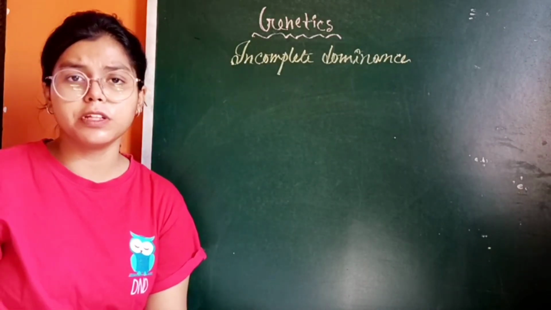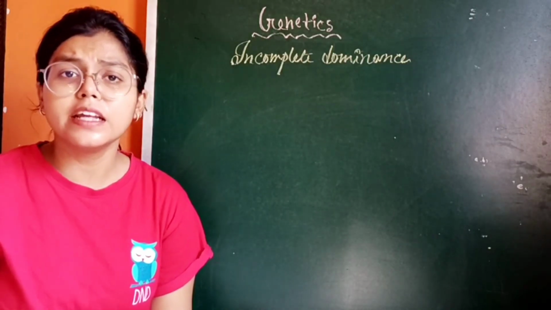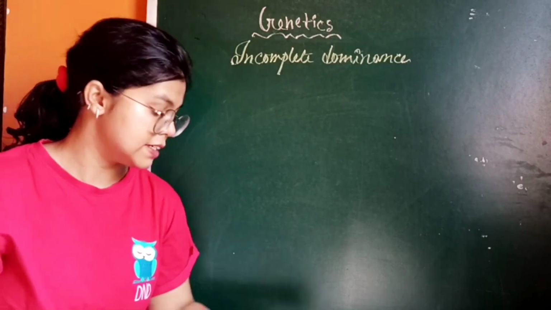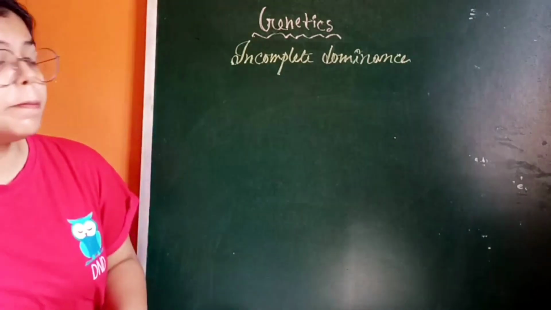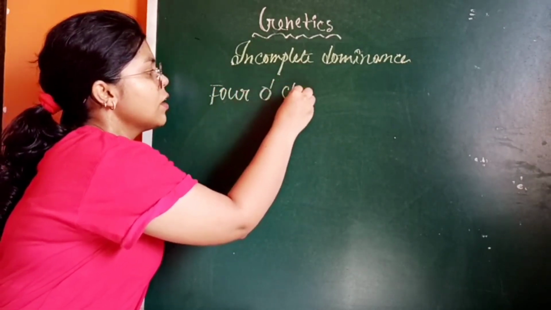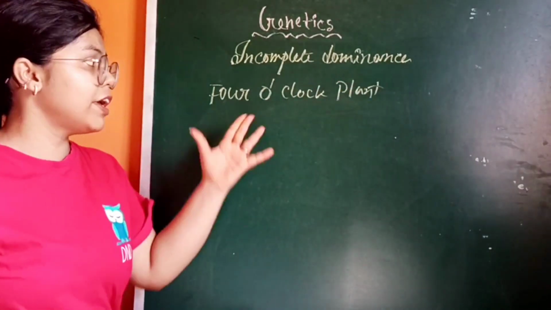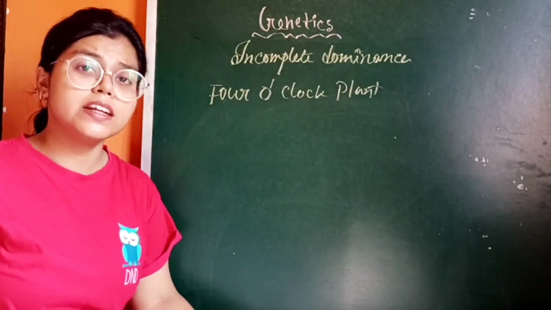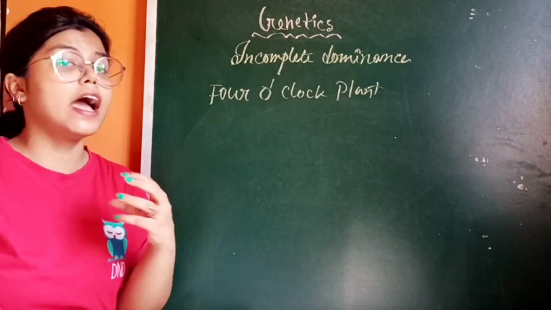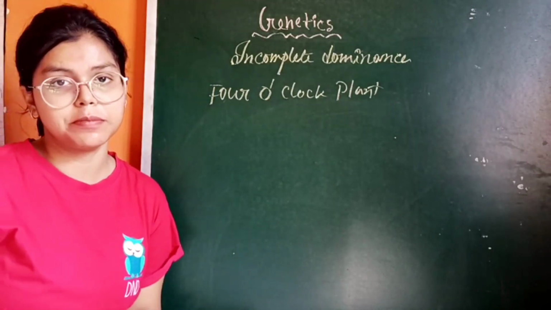So a similar experiment was done by Carl Correns, and he did the experiment in another plant, which is the four o'clock plant. Okay, in which he got another conclusion, another particular ratio in phenotypic and genotypic.